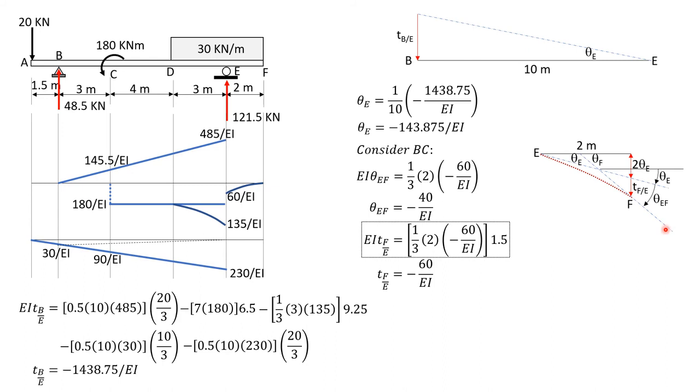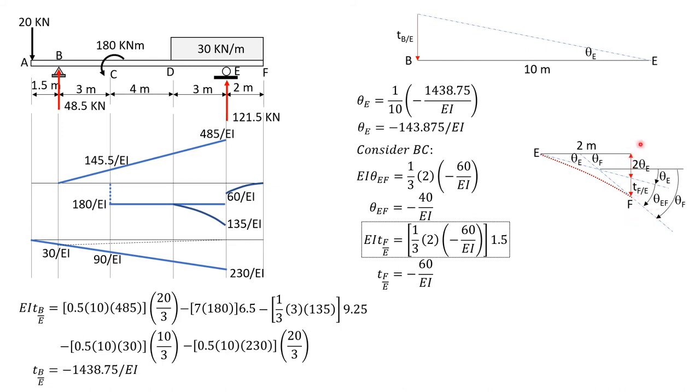And it is negative. It is the negative of the quantity absolute value of theta E plus absolute value of theta EF. So from the figure, this is theta F, and the deflection at F is negative. It is below the horizontal.